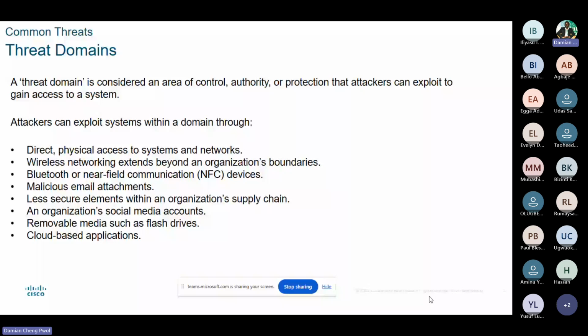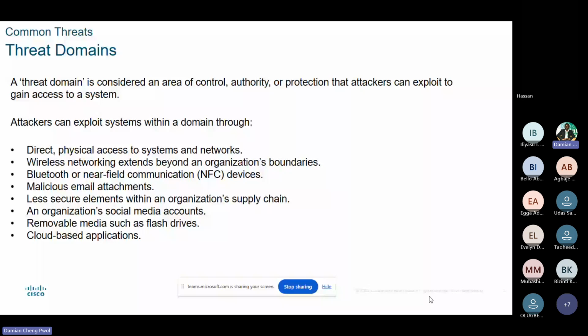The best way to gain access to such an organization's network is by generating some malicious code into a flash drive and dropping it in the banking hall. Somebody seeing that may think it's a free drive, so you pick it up, put it into your system, and you think you're okay. So attackers could take advantage of this process.